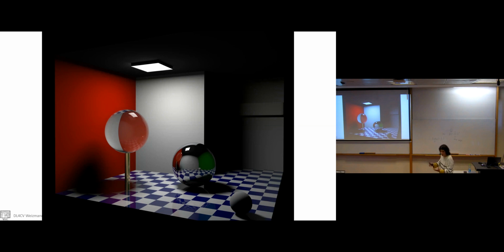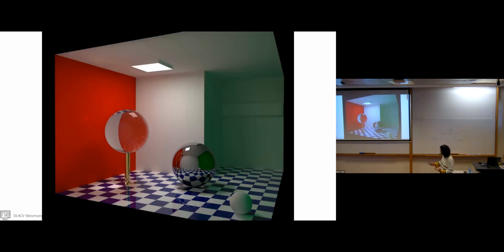No. The problem is that only the direct illumination was taken into account, only the light that comes from the source here, and not the global illumination. If you take into account the global illumination, that's what we did. That's the photorealistic one. And what happens here is the following.